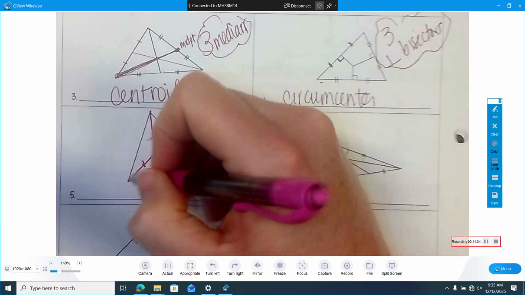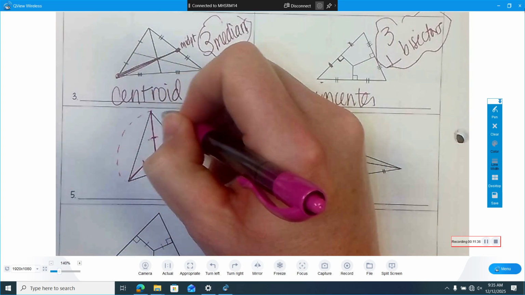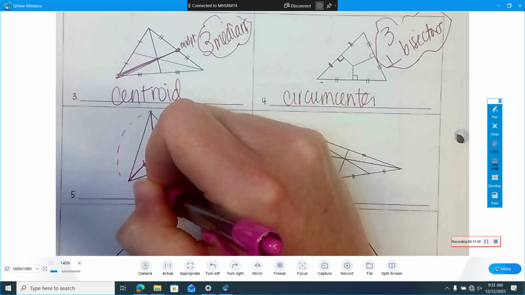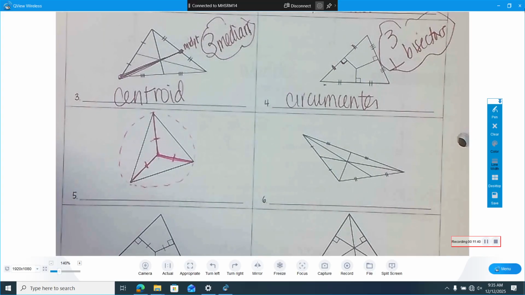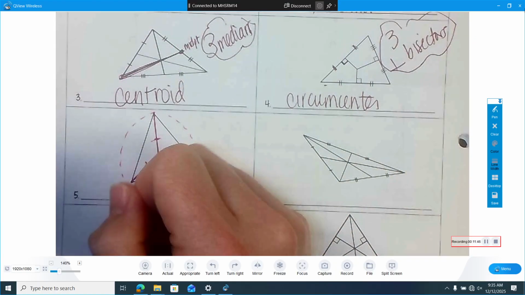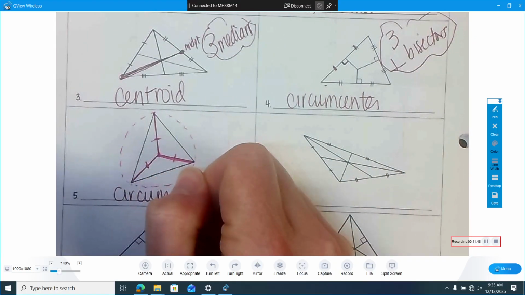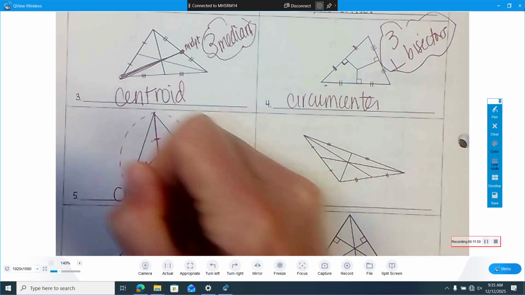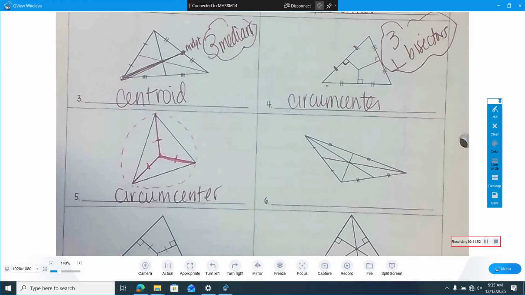That's like a wheel. Those are the spokes of a wheel. Circumcenter. That circle surrounds the triangle. It circumscribes, goes around the outside of the triangle.